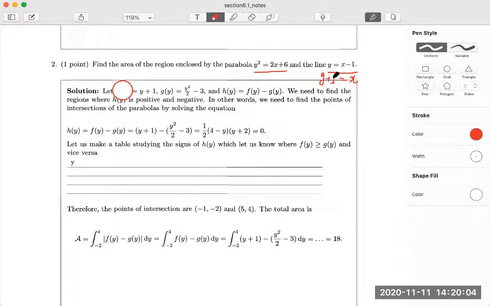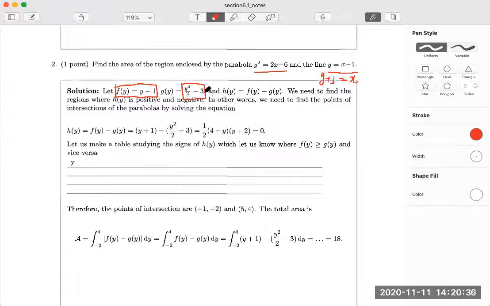So we define the first line as the line x is equal to y plus 1, or f of y is equal to y plus 1 here. The same story here, we write that x will be equal to y squared divided by 2 subtract 3. So we have two lines, x is equal to y plus 1 and x is y squared divided by 2 minus 3.